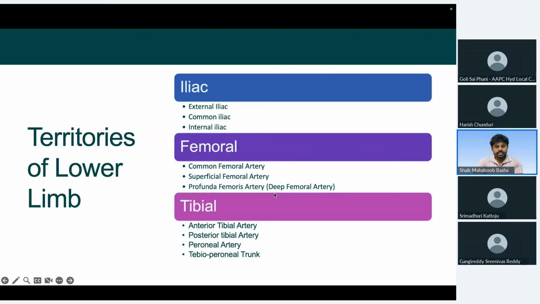In tibial, we majorly have four arteries: anterior tibial artery, posterior tibial artery, peroneal artery, and tibio-peroneal trunk. You can abbreviate the anterior tibial artery as ATA, posterior tibial artery as PTA, peroneal artery as PA, and tibio-peroneal trunk as TPT. These are the major arteries, and based on them we do the code selection as per CPT.